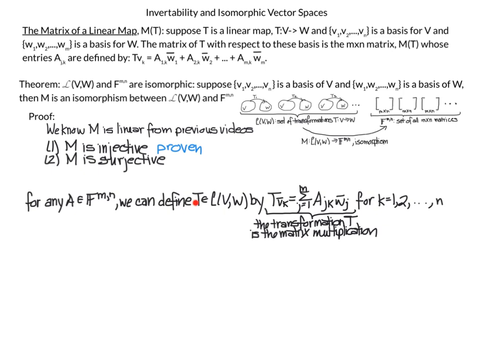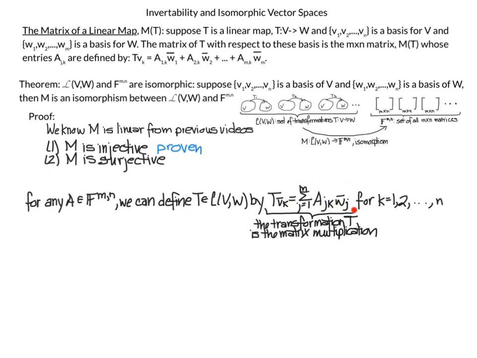So again, we're going to define T as our linear transformation using this formula here, and I just used the summation notation. But you can convince yourself this is really the same as this formula here. So I have T of v sub k is equal to the summation j equals 1 to m of a sub jk times w sub j.